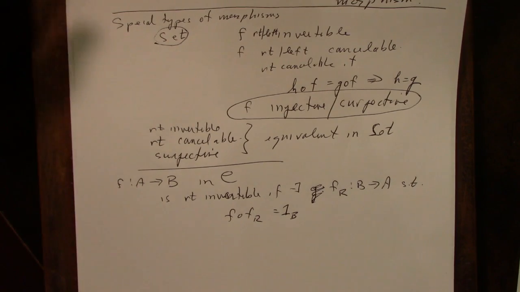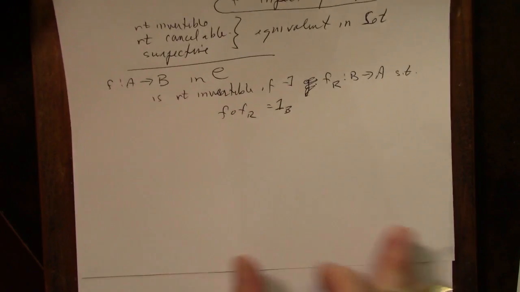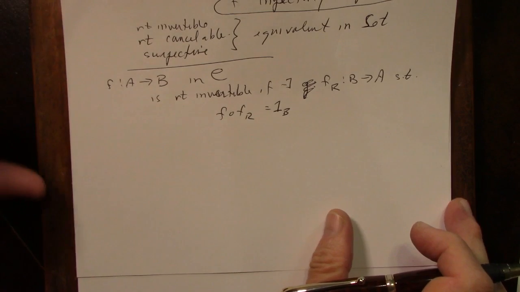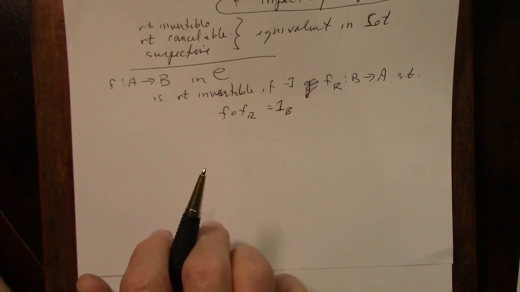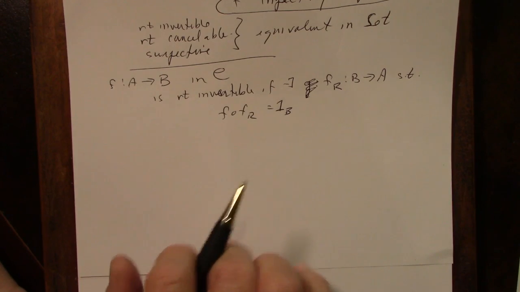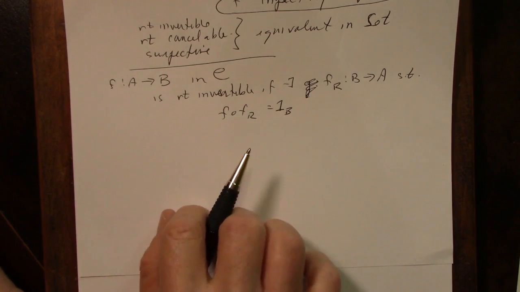So that's a right inverse. FR would be called a right inverse for F. That's a categorical concept. We're dealing only with morphisms here. We're not dealing with any elements.